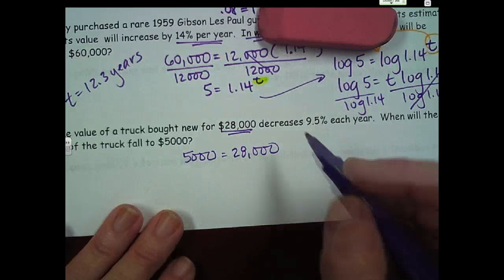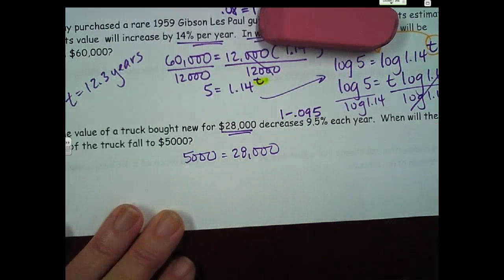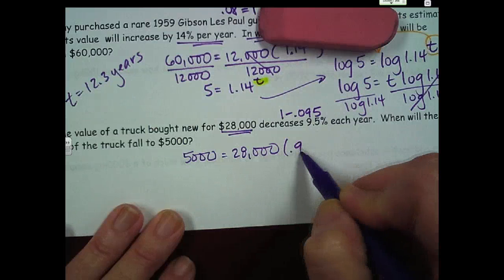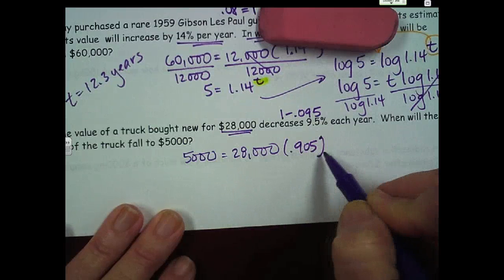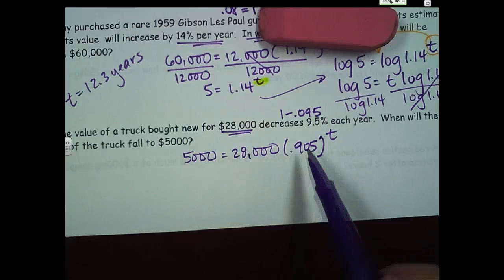It decreased, so we're going to use 1 minus 0.095, which is 0.905. I got 0.905 because it decreased.